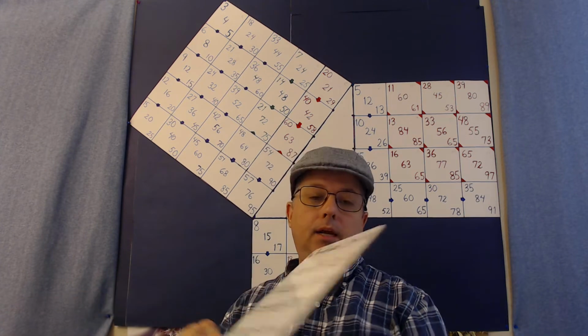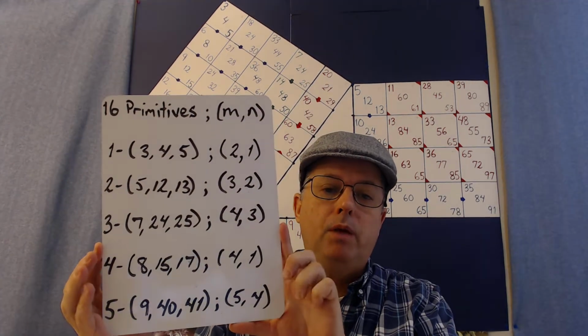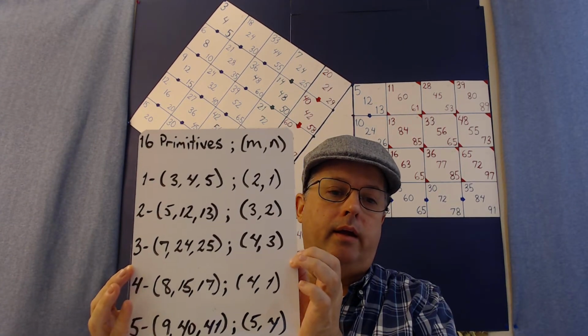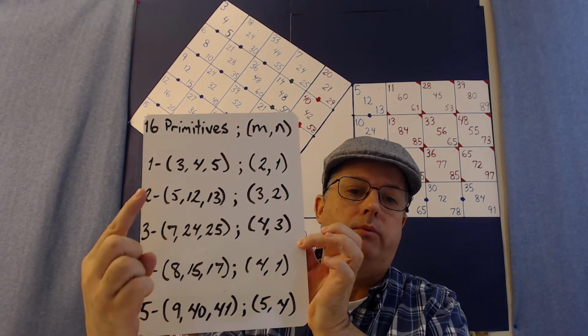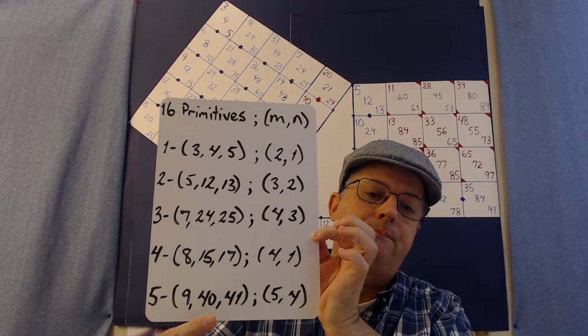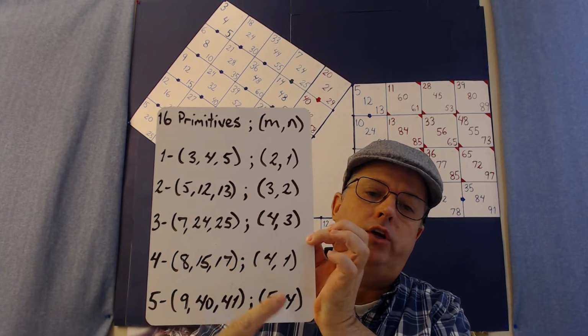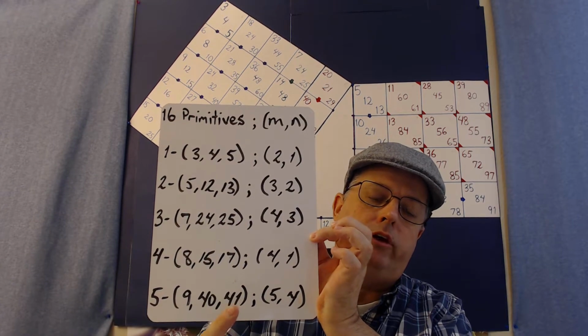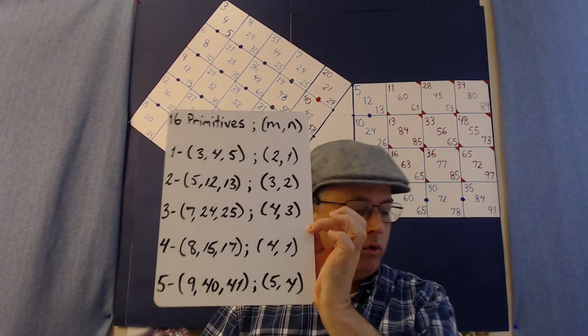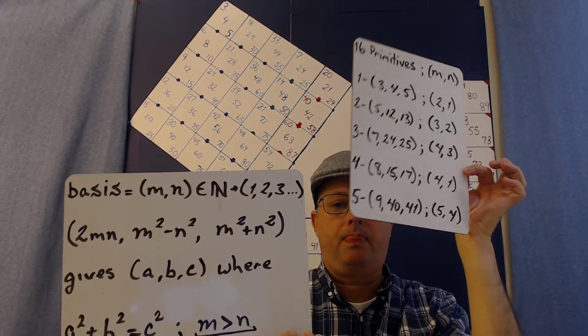I made a list of those 16 Pythagorean primitives here, and so we have each of the primitive Pythagorean triples here, and these are the m and n values that generate those Pythagorean triples according to our formula here.